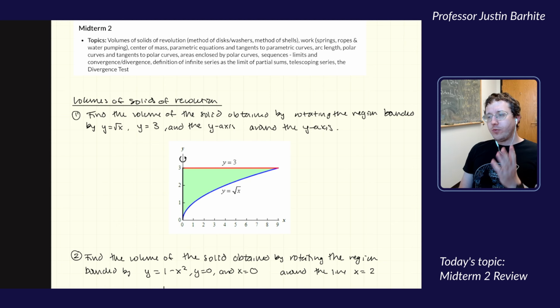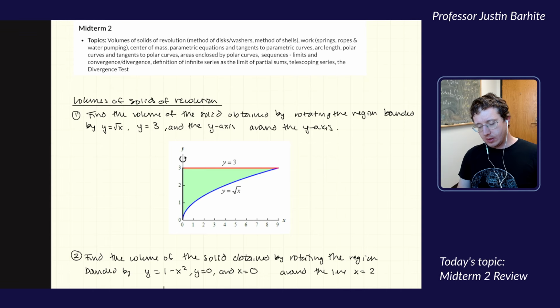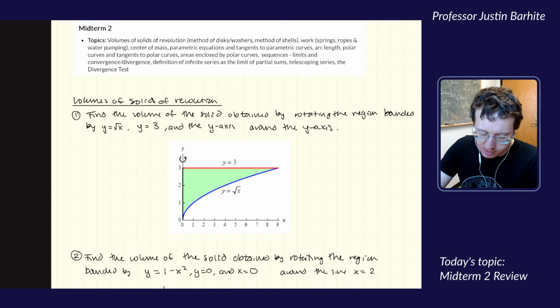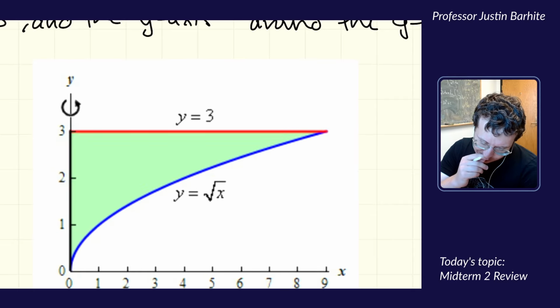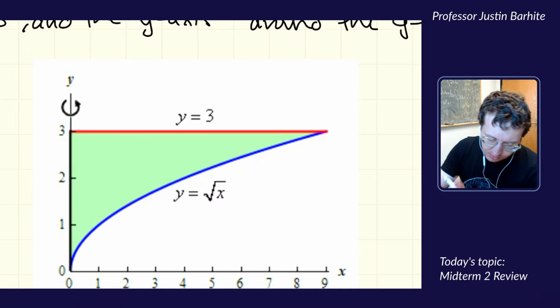So there are formulas for solids of revolution. I think it's harder to remember the formulas and figure out which one applies than to just think through each individual situation. So I'm looking at this shape here, and we have two options.